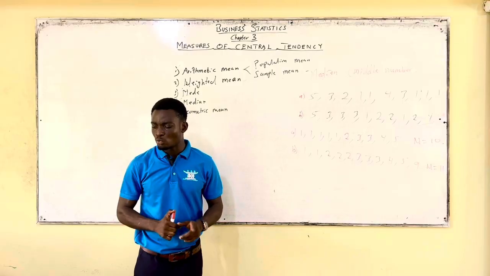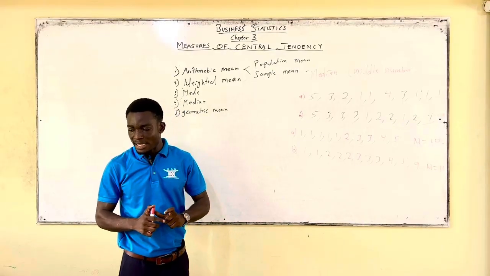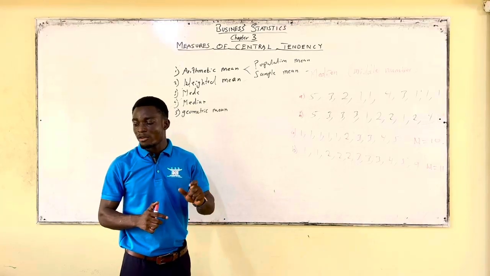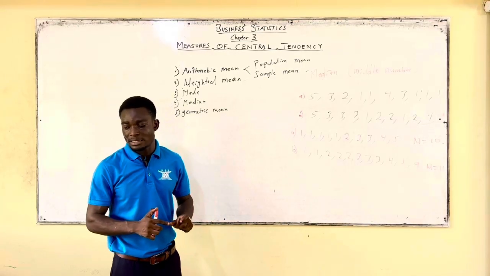And here is the condition. When n is odd, the middle value, the half n plus 1th value, gives the median.